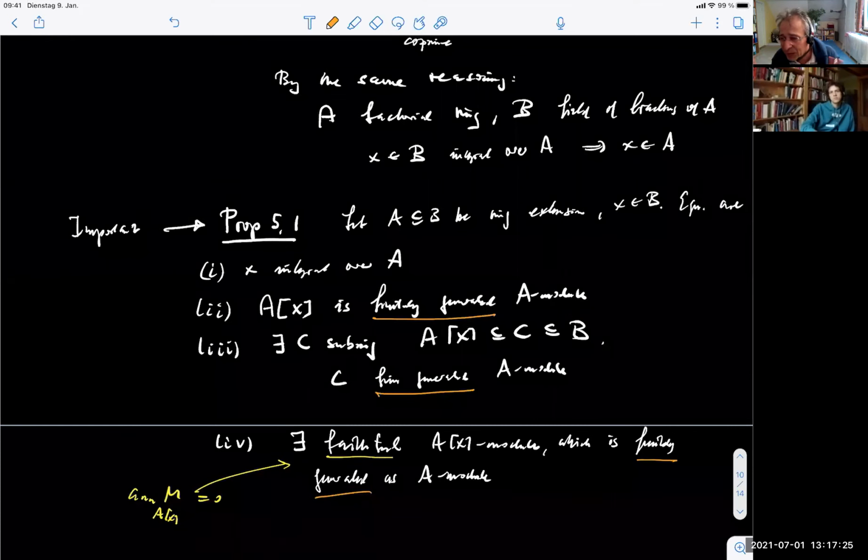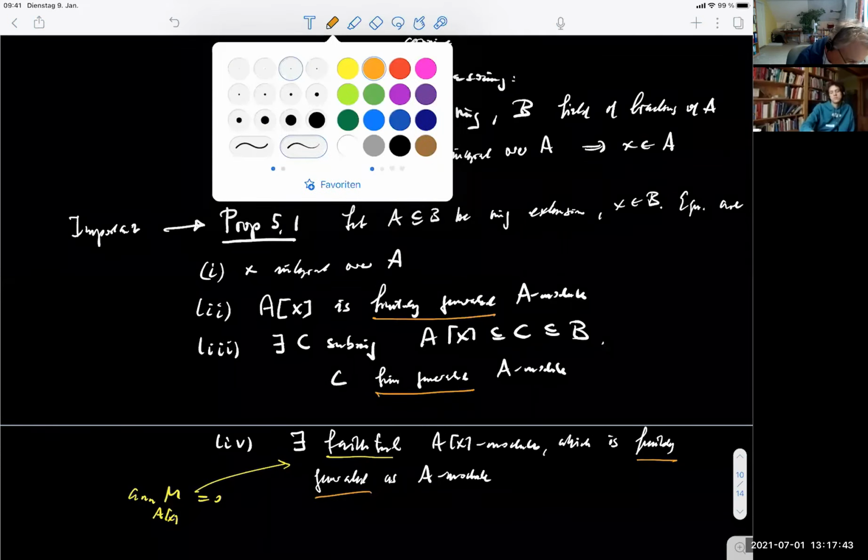If you were over a field, it would have this flavor. It's like the Nakayama lemma where a module has to be finitely generated. Somehow this is behind it. Okay, but I can prove it, I think. I have 15 minutes, no problem to do this. Let's prove it.